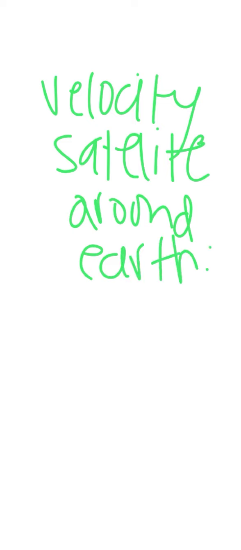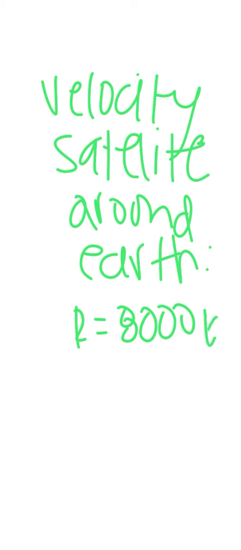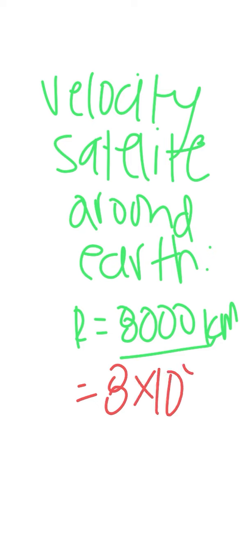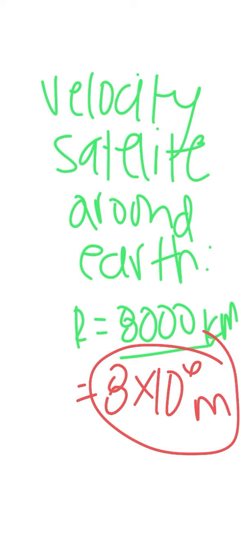The satellite is 8,000 kilometers from Earth, but we want to change these 8,000 kilometers into meters. So our new amount will be 8 times 10 to the 6th meters. This is the unit we're going to use, meters, not kilometers.